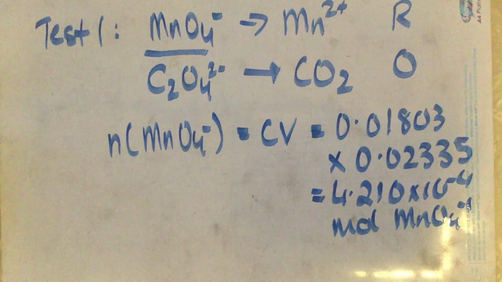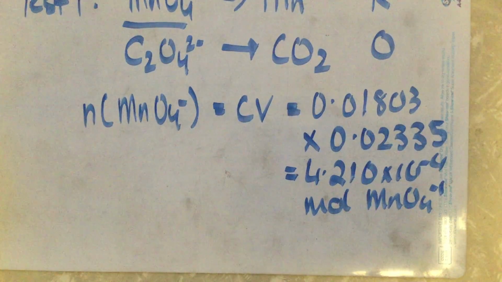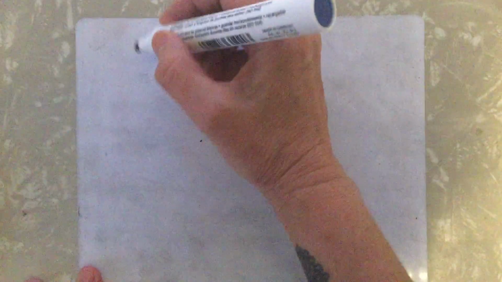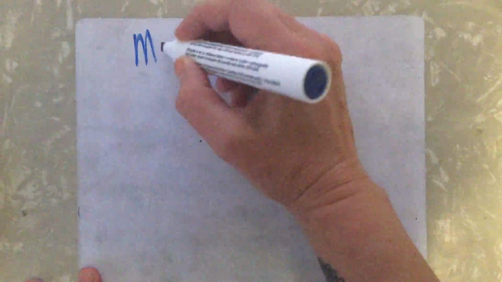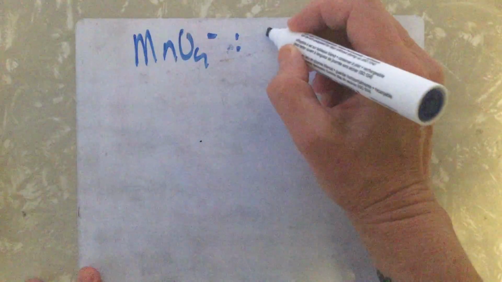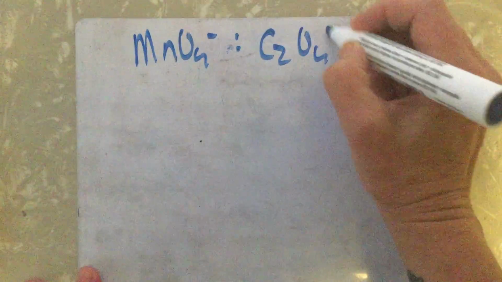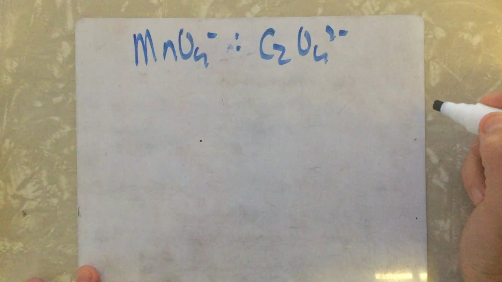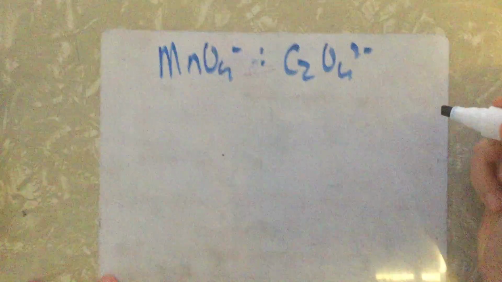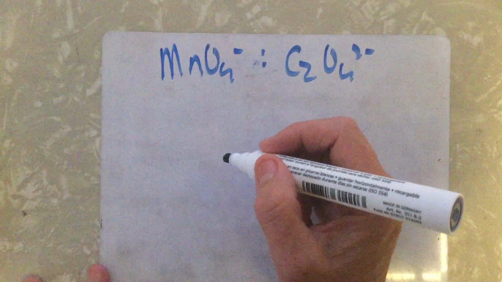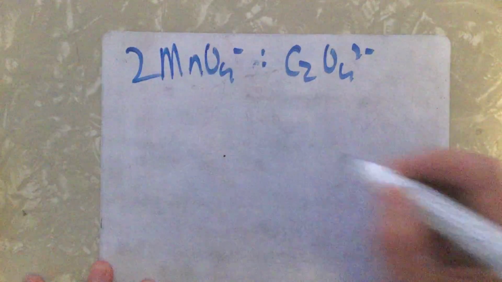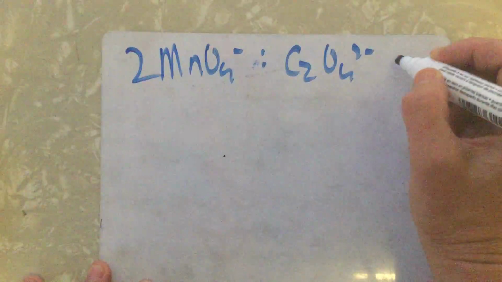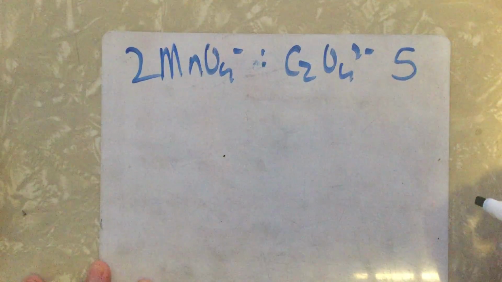And as we all know, in the second step of a redox titration, we need to use our mole ratio. So in this case, our mole ratio is MnO4- to oxalate. And if we balance our half equations using redox, we will come to the realization that we need 2 moles of MnO4- to every 5 moles of C2O4 2-.